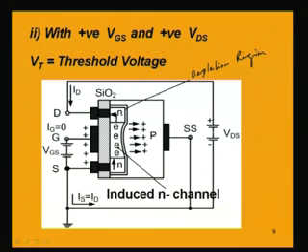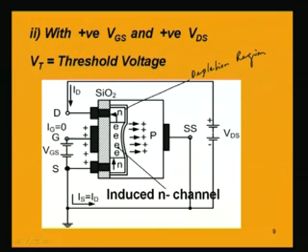So, these electrons will start to travel from the source through the channel to the drain, due to the VDS positive potential, and the traditional or classical direction of current will be from drain to source, and that current is ID.